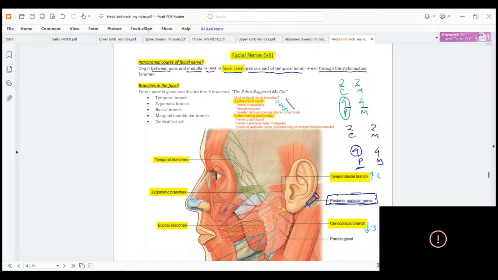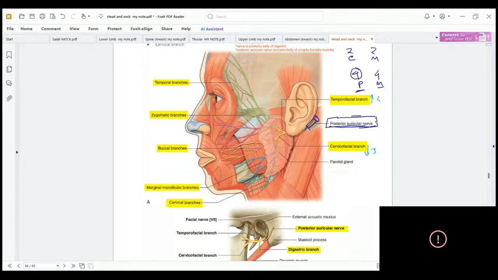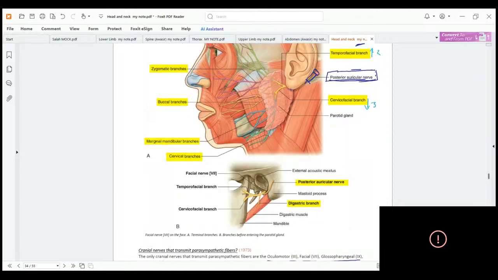Then after leaving the skull, it gives the nerve to stylohyoid, nerve to the posterior belly of digastric, and the posterior auricular nerve.